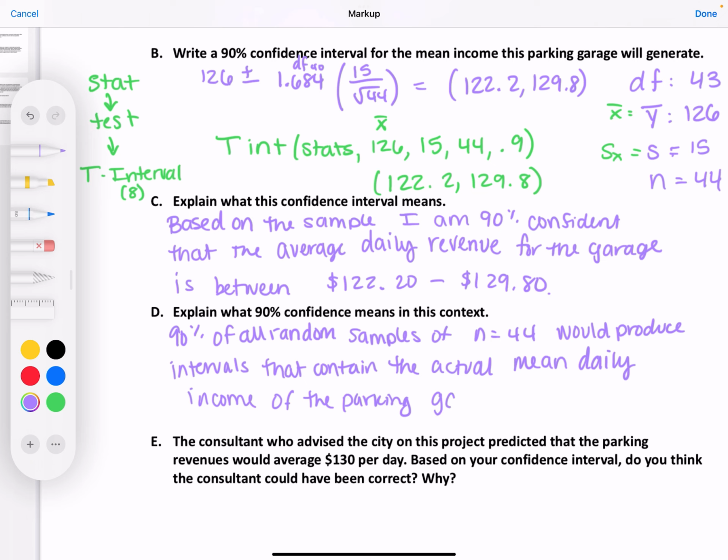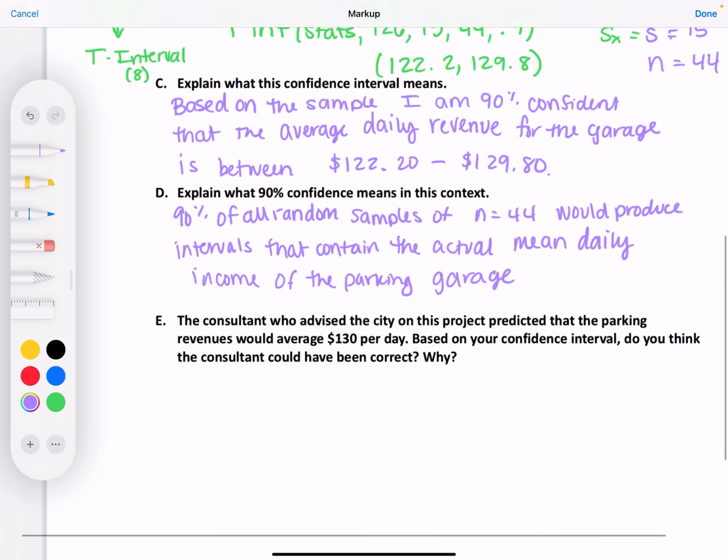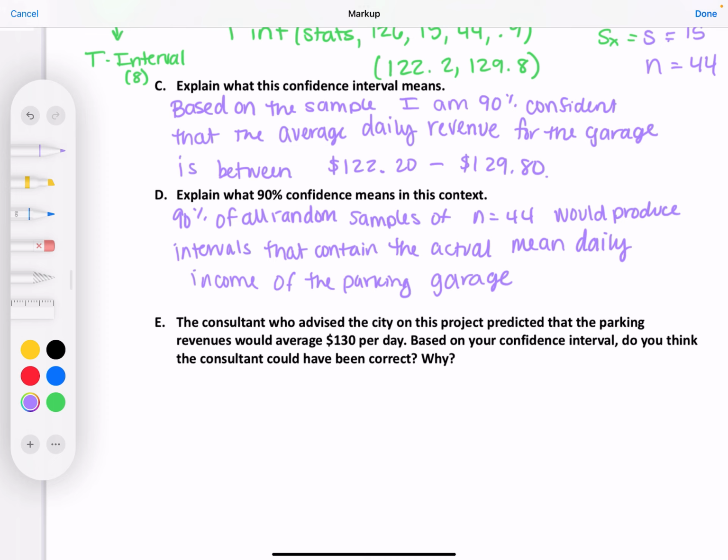Because the average is $126, and that falls between that $122 and the $129. So it's saying that 90% of the time, the mean should be in that interval. Obviously, you can have other days where that may not happen.